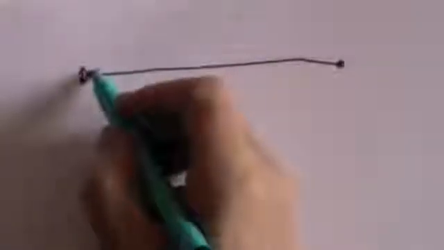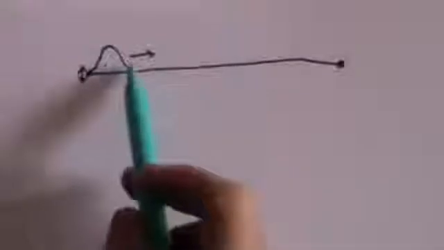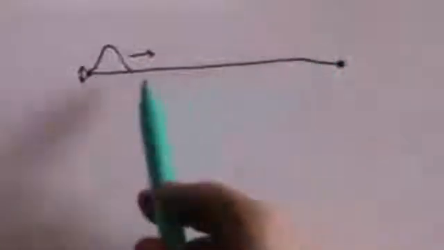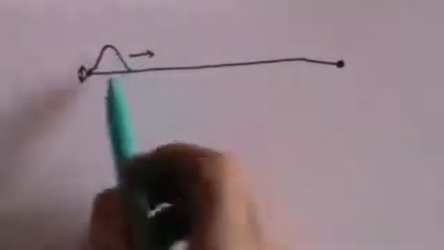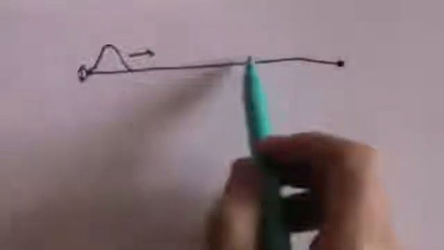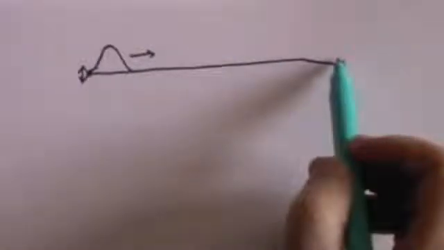And when I give it a wiggle, I will create a wave in the rope which will move in this direction. And so that wave will move along the rope. Of course, as we've said, the rope itself, or the elements of the rope, don't move. They just go up and down. But that gives the impression of a wave travelling all the way to this fixed point.